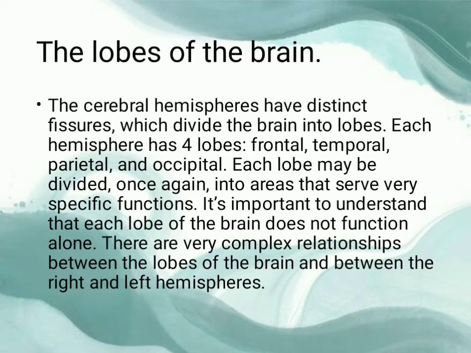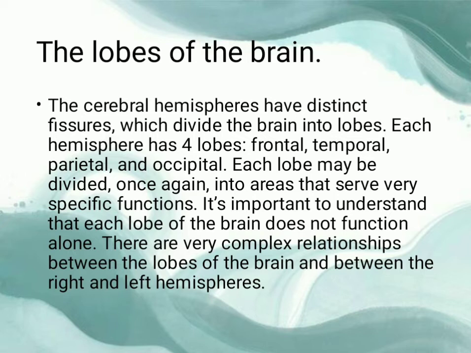Each lobe may be divided once again into areas that serve very specific functions. It's important to understand that each lobe of the brain does not function alone. There are very complex relationships between the lobes of the brain and between the right and left hemispheres.